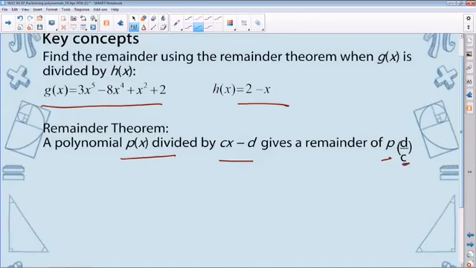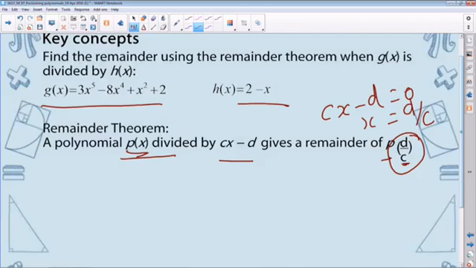I showed you how you get that value d over c when we were looking at synthetic division, but just a reminder, if cx minus d is equal to 0, then x will be equal to d over c. And that's how you know what value to put in place in your polynomial when you're trying to find your remainder.